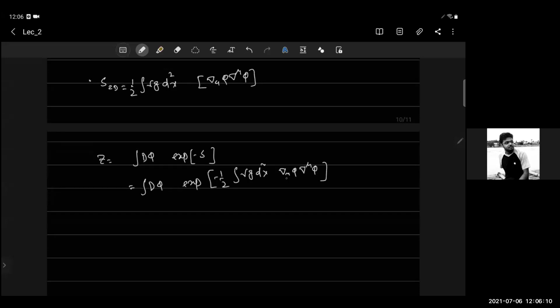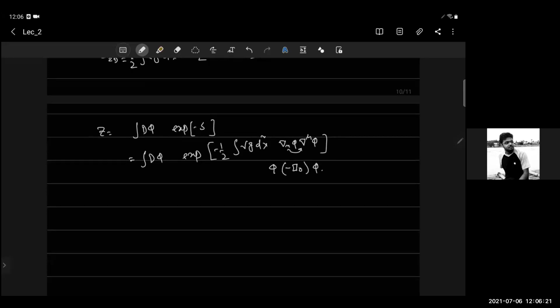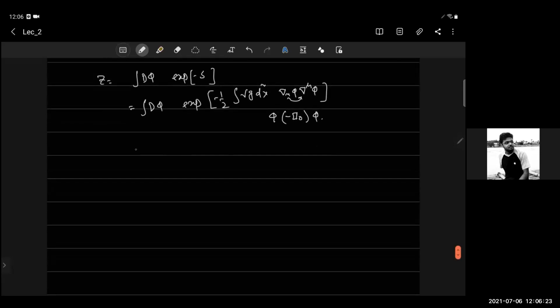Now you perform one integration by parts, and finally you get a Gaussian in phi with a scalar Laplacian. Therefore, you get a partition function which is 1 over square root of the determinant of the spin zero Laplacian on S2.